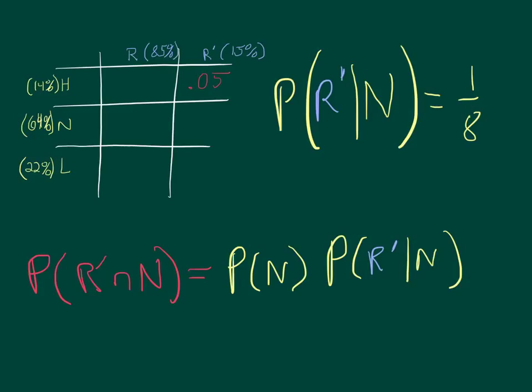All right, so we can plug in this information. We know from the table that the probability of N is 0.64, and the probability of having an irregular heartbeat, given that we have normal blood pressure, or the probability of our complement given N, is 1/8, which simplifies down nicely to 0.08.